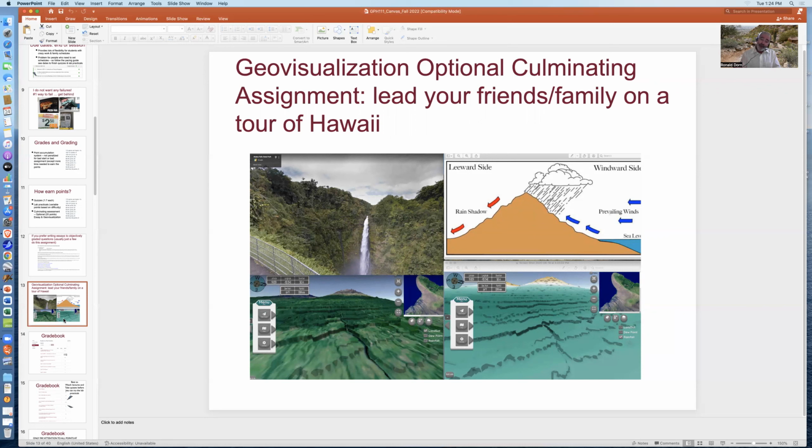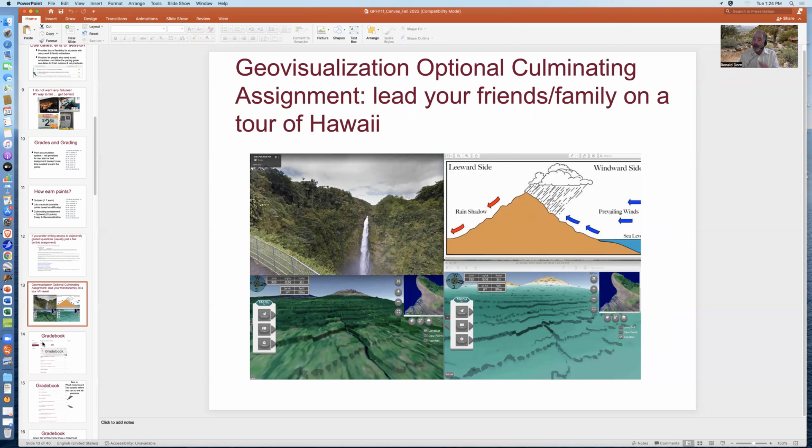So what you do is you combine a virtual trip to the Big Island via Google Street Views, the theory you learn in class about rain shadows and orographic effects, with the data you extract from the geovisualization. It's a Unity game and you hop around like an avatar.